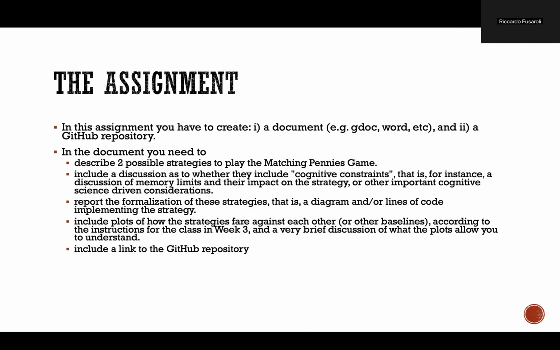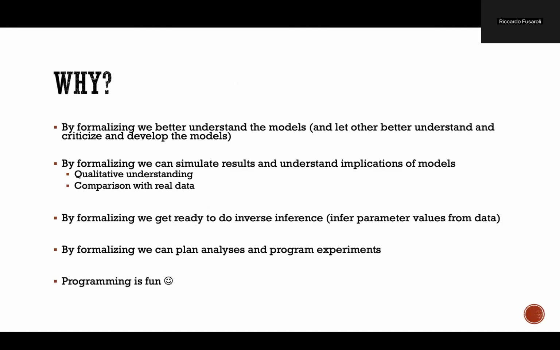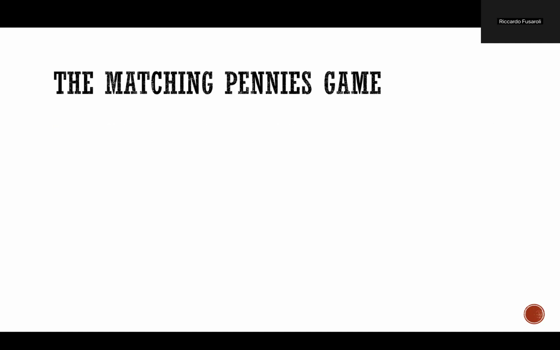Two possible strategies to play the matching game, including a discussion as to whether to include cognitive constraints, for instance, memory limits, or executive functions, so errors and the like, report the formalization of these strategies, and include plots. You need to separate the report and the GitHub repository. Good. So, okay, we've done that last time. I'm not going to redo it now.